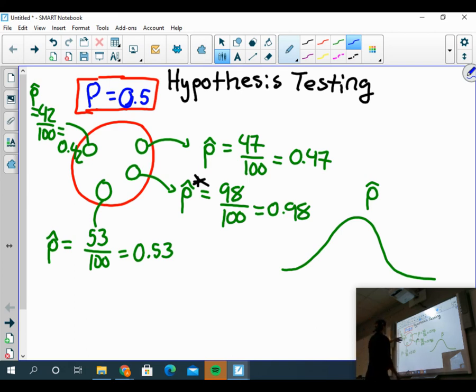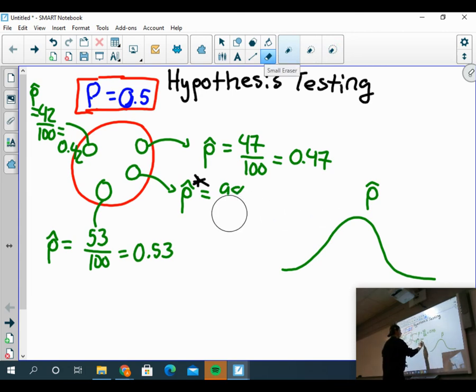So what we're going to explore is, when do we reject that traditionally held belief? What mathematical evidence do we need to reject that traditionally held belief? So the question maybe rattling around in your brain is, well, obviously with 98, we're probably going to reject it.